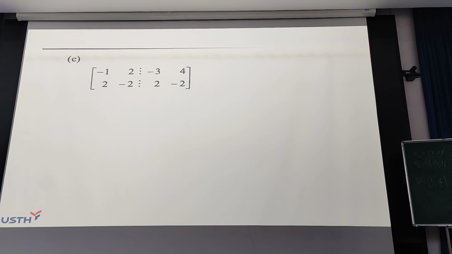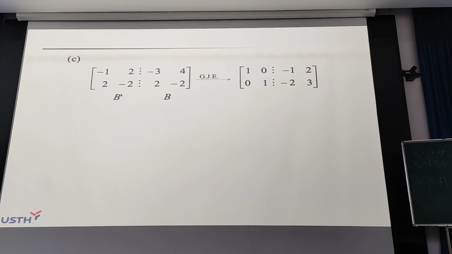You can have two ways. The first one, you can take P, the transition matrix we find in part A, and then take the inverse matrix. Or another way, you write B prime on the first part and B on the second part. Then again, using Gauss-Jordan elimination, you transform it into that one.